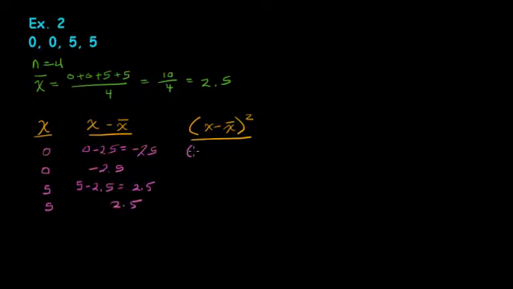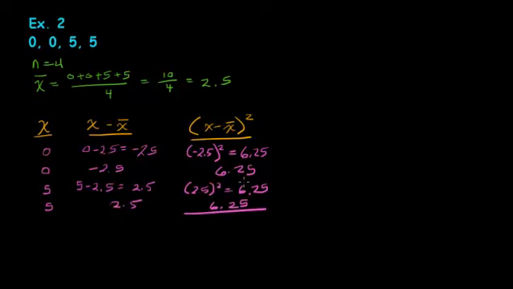So now we take our negative 2.5 and square that, and we get positive 6.25. This one's 6.25, it's the same. When we take positive 2.5 and square that, we still get 6.25 and another 6.25. So our numerator is the sum of the x minus x bars squared. When we add all these up, we get 25.